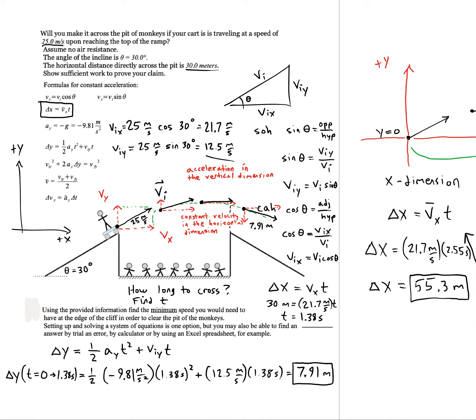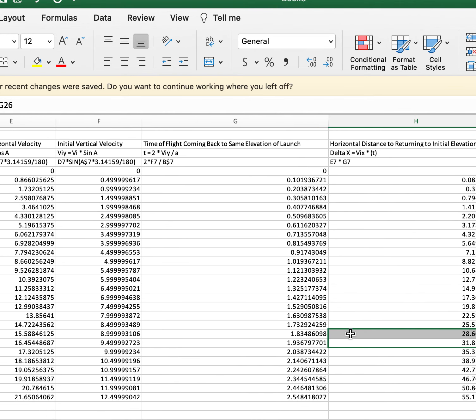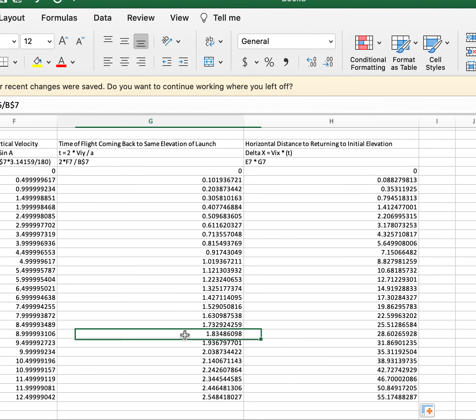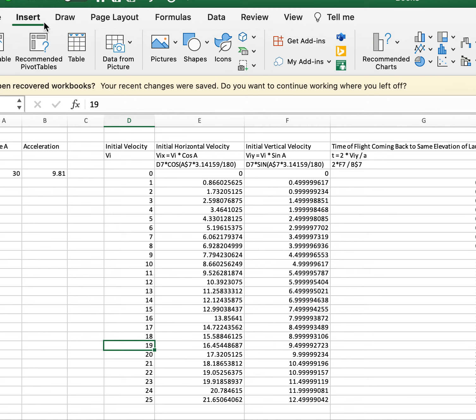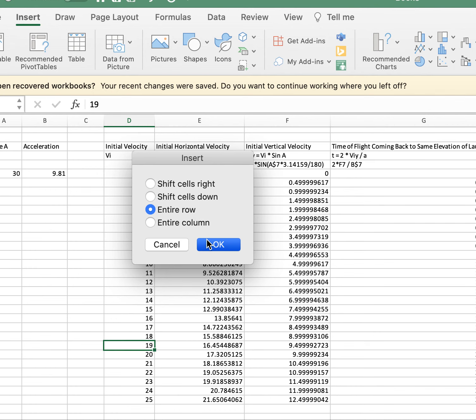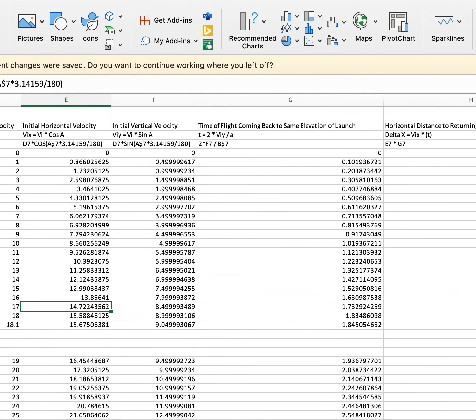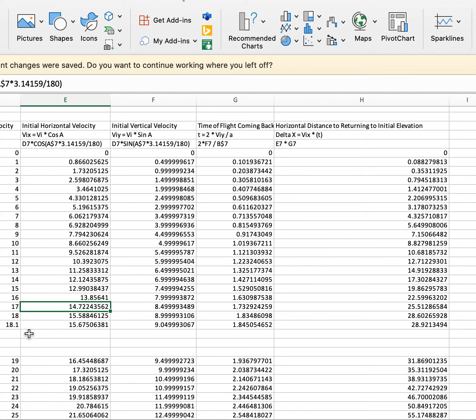What we want to do is look in our spreadsheet. All right, so somewhere between these two rows would be the best, ideal one to use. So I can insert a bunch of rows here. I can try 18.1. And let me look at it here.